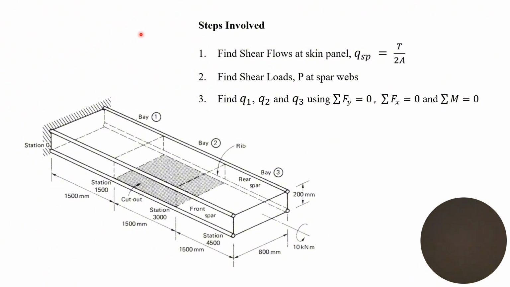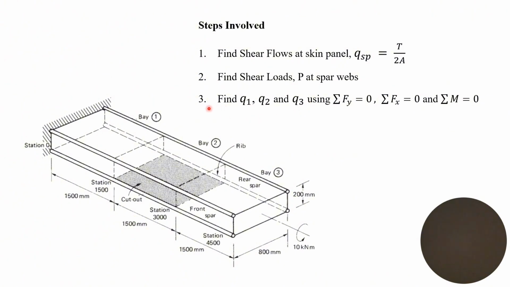The steps involved in this question: first, we need to find the shear flows in the skin panel, and the equation that will be used is q_SP equals torque T over 2 times the area of the wing. Next we will find the shear loads P at the spar webs using the respective equation shown after this.